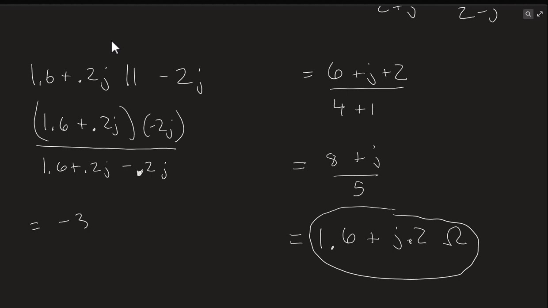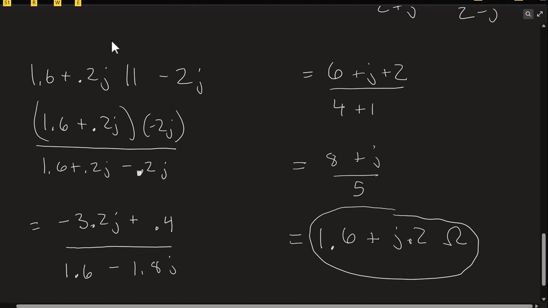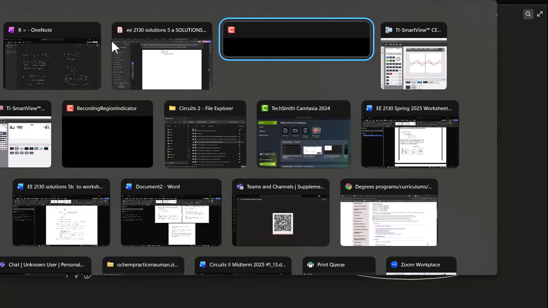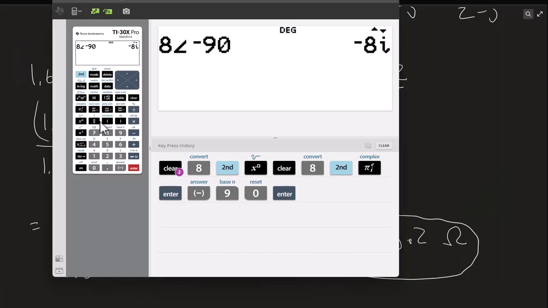So that's minus 3.2j plus 0.4 over 1.6 minus 1.8j, and now I break down here. So I'll bring it back in just a second.